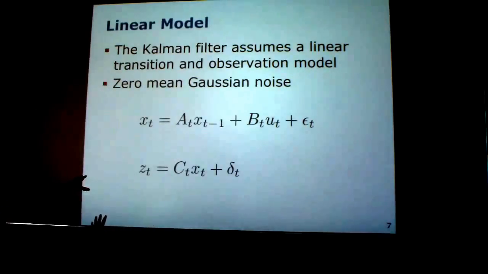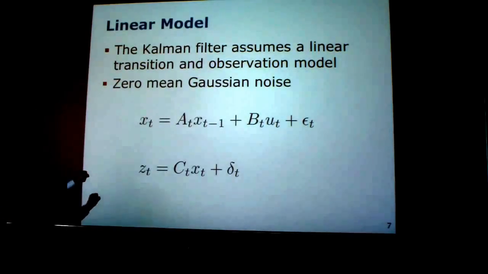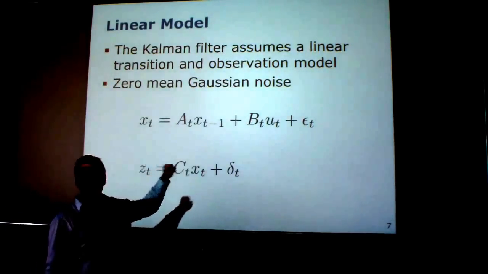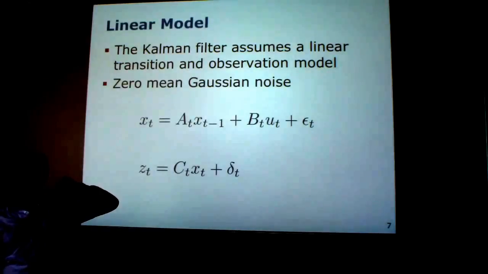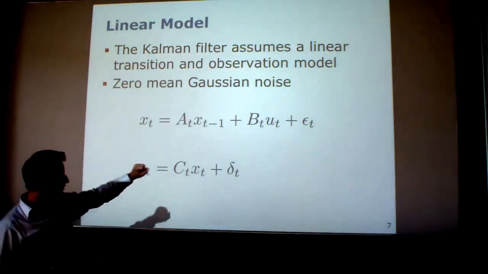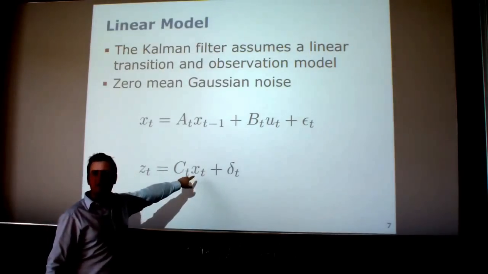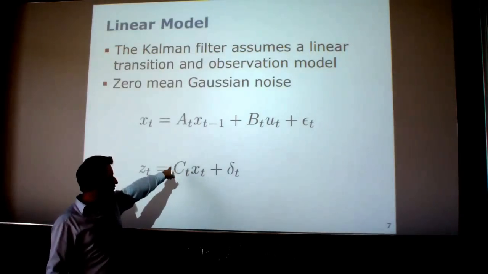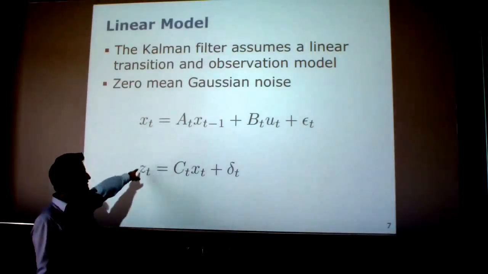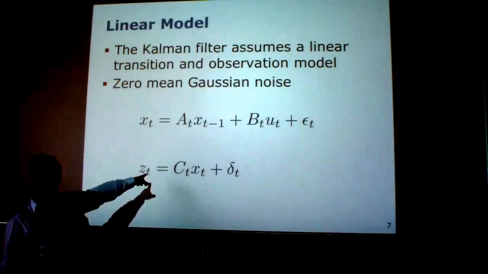And the second thing which the Kalman filter needs is the observation model. So I can compute a predicted observation just knowing the state, with a linear function. Given I know what the state x_t looks like, I have a linear function, this matrix C_t, which maps that into the space of observations.